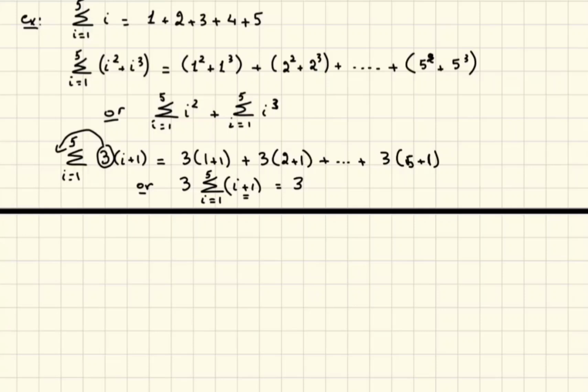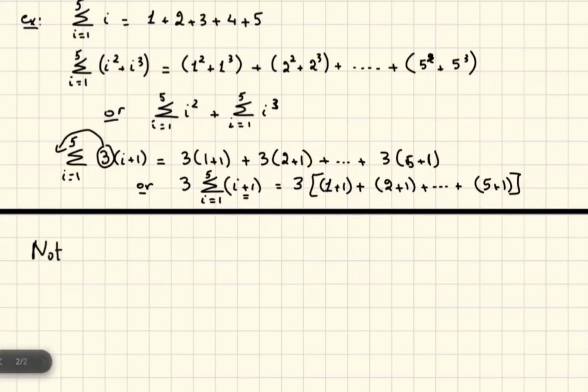That's totally fine. Or you can write 3 and then 1 plus 1, 2 plus 1 till we reach 5 plus 1, and we calculate. So basically you can calculate or evaluate any sigma notation or expression in different ways.